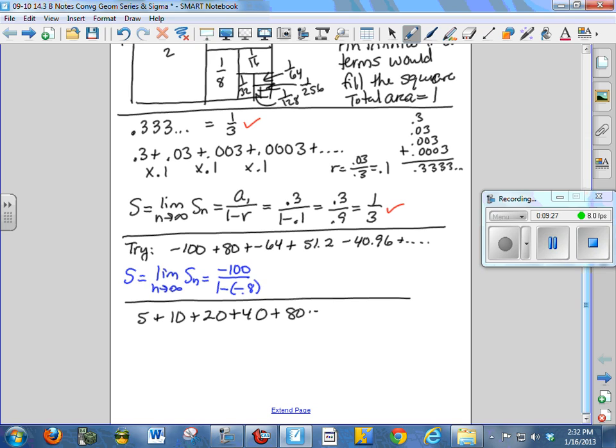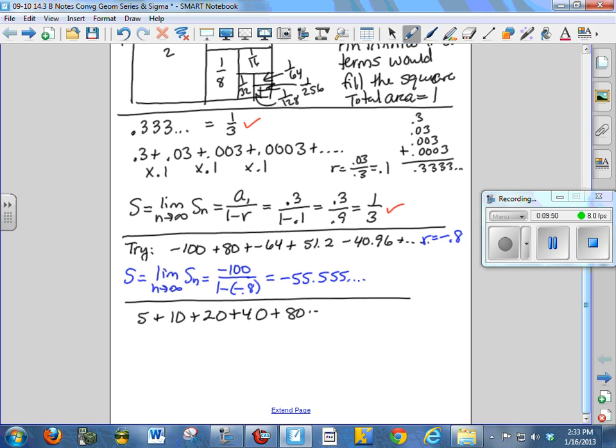And that's what you should have gotten for r, that r is equal to negative 0.8 by taking the second term divided by the first, the third divided by the second, and so forth. That simplifies to negative 55.555 repeating. So that is the infinite sum.